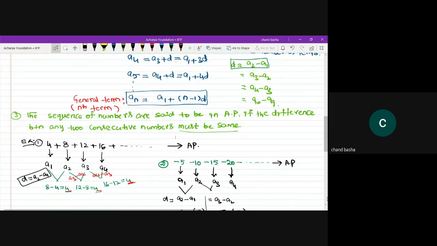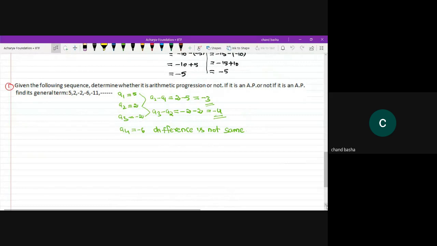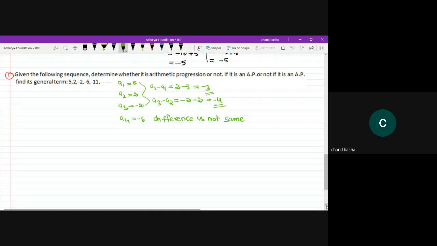So by using that definition, if I observe that the difference is not the same, the given sequence of numbers is not in AP, arithmetic progression.